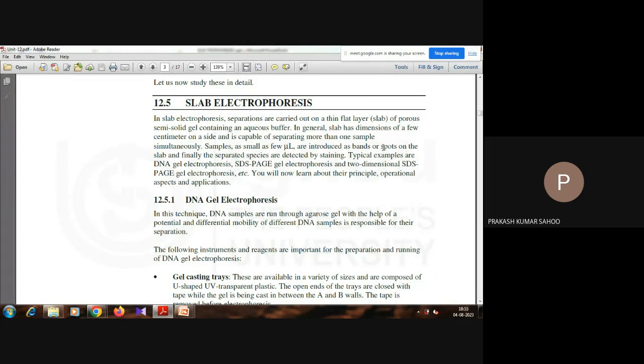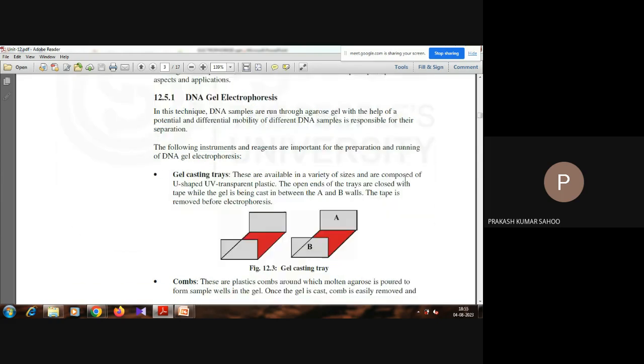In general, a slab has dimensions of a few centimeters on a side and is capable of separating more than one sample. Then we have, for example, DNA gel electrophoresis, SDS-PAGE gel electrophoresis, then two-dimensional SDS-PAGE electrophoresis. Let's have the first one, DNA gel electrophoresis.